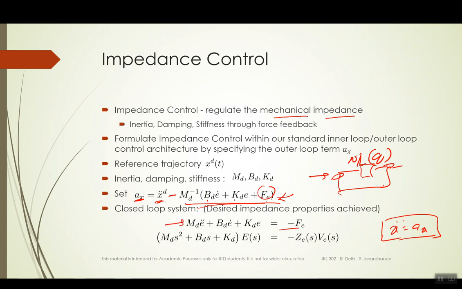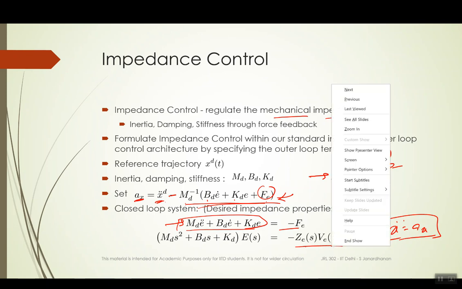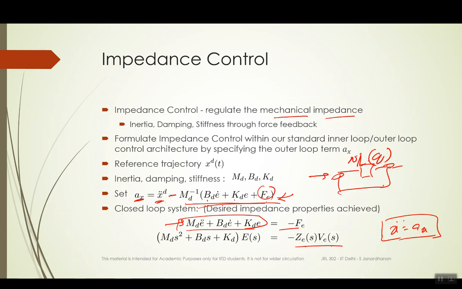The closed loop system would have the desired impedance properties. And so now fe is ze of s by ve of s. So you would end up with ze being equal to 1 by something, dependent on this value.